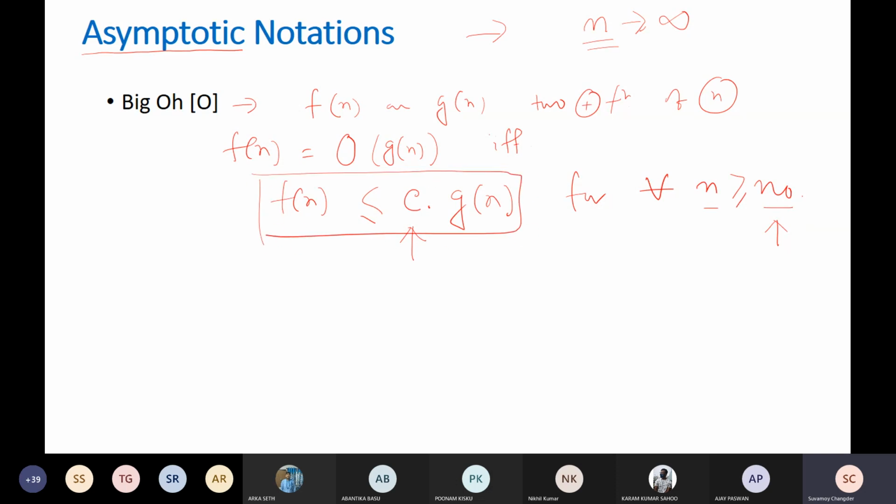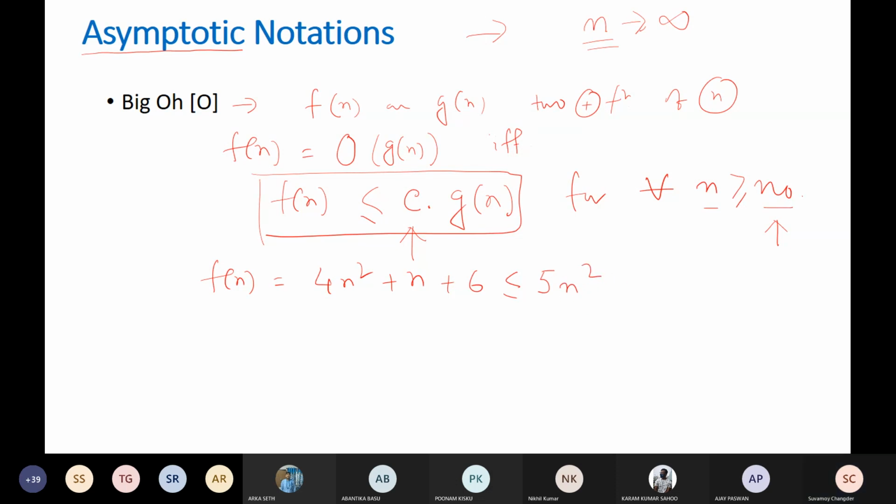Let us consider one example. Let f(n) equal 4n square plus n plus 6, our previous example one. Can we write that this is less than or equal to 5n square?